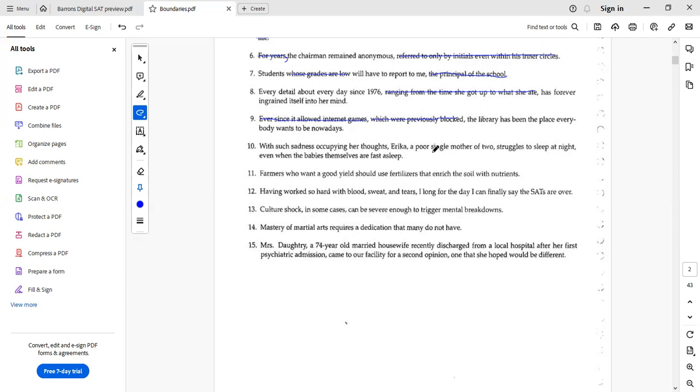Okay, this is an appositive. But there is another one, with such sadness occupying her thoughts. Excellent, a prepositional phrase, a modifier. So Erica is the subject: Erica struggled to sleep at night. What do you think about "even when the babies themselves are a fuss"? Yes, because this is a dependent clause.